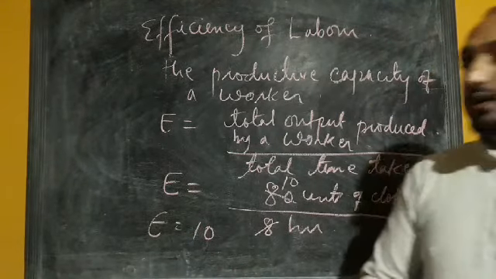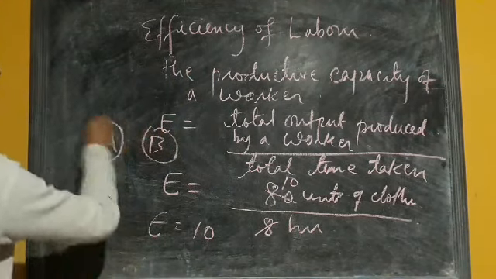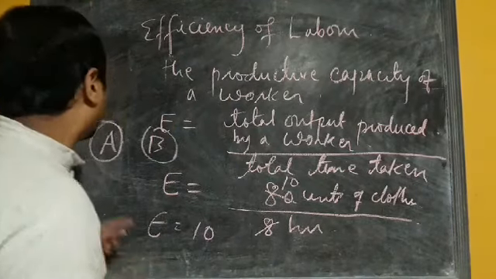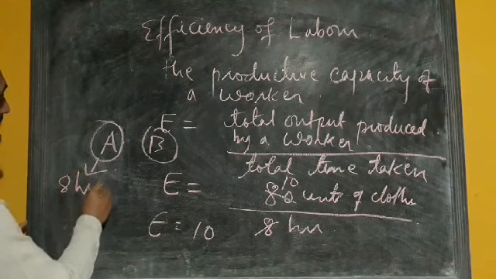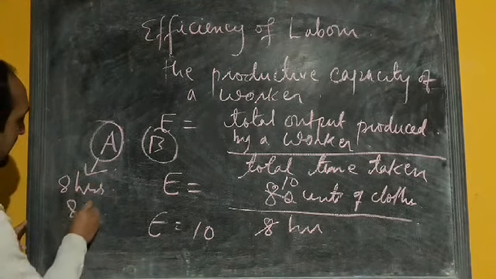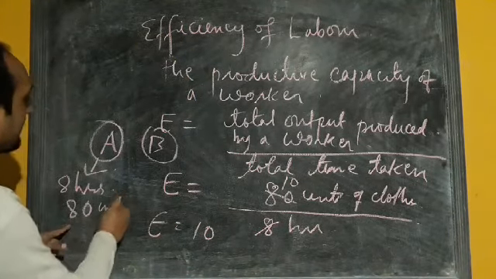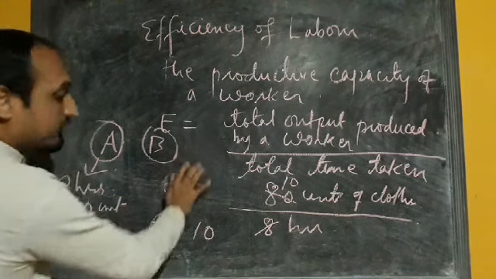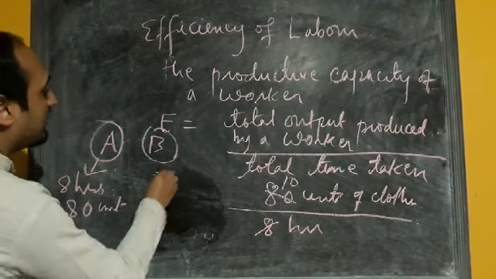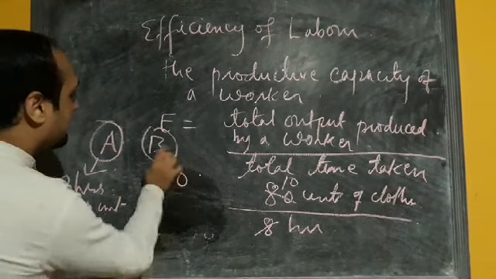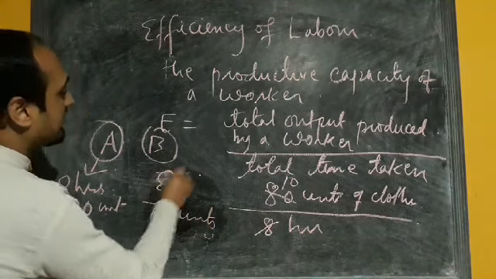Now let's take an example, worker A and worker B. Suppose worker A is producing 80 units of clothes in 8 hours, and another worker is producing only 70 units of clothes in 8 hours.